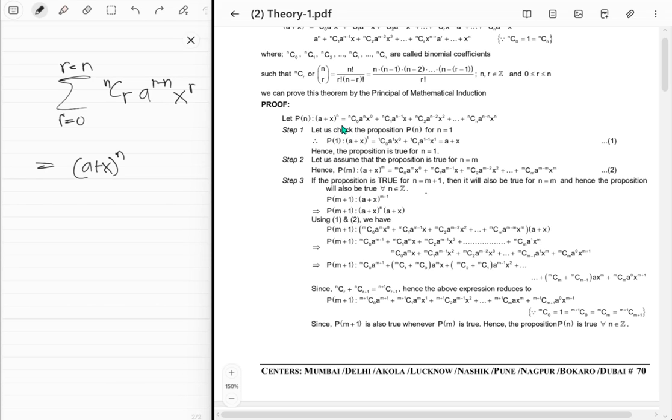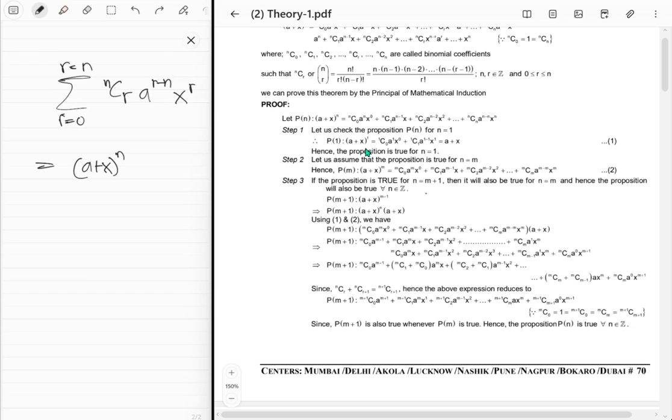So they are saying (a plus x) power n is equal to nC0 a power n x power 0 and so on, right? This series. So they are saying, let's check if P(n plus 1) also works. That is (a plus x) power n plus 1. Will this also be given by a similar expansion?